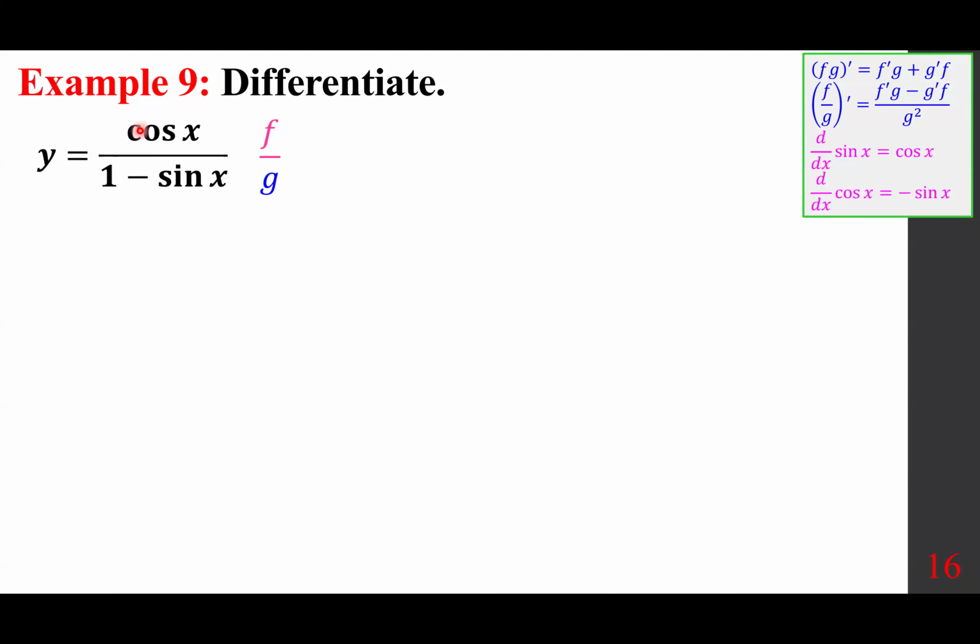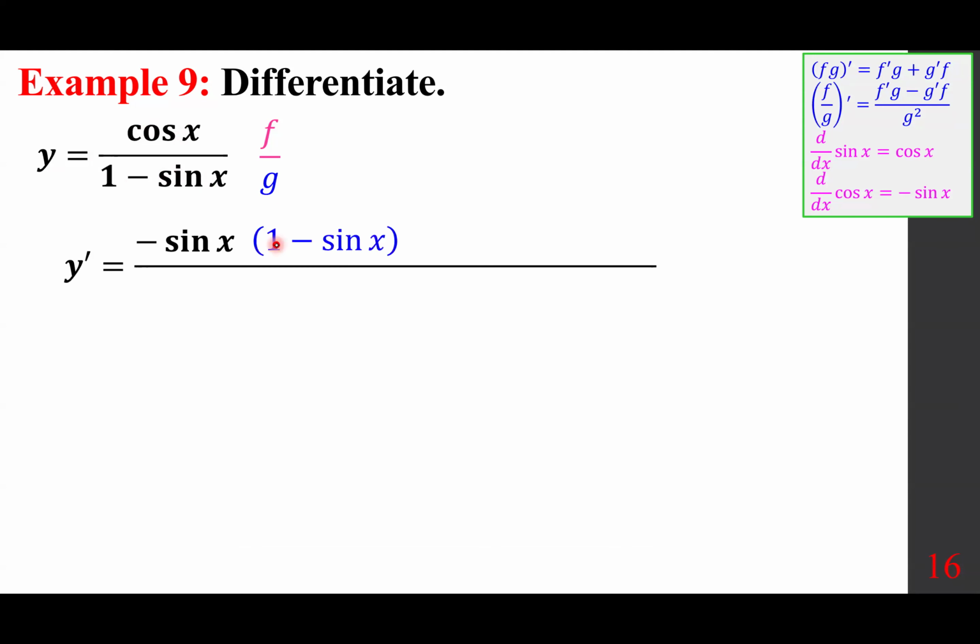So y prime is f prime, minus sine x, times g, just put this in a parenthesis next to it, minus g prime. What is the derivative of 1? 0. What is the derivative of minus sine x?